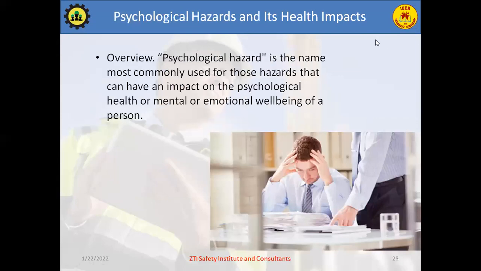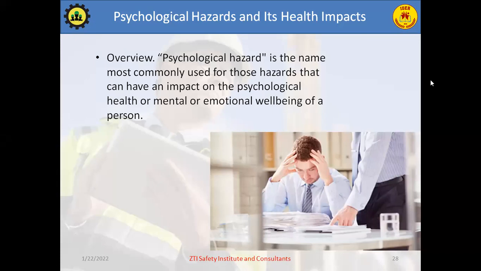Then we have one more hazard, which is called psychological hazards and their health impacts. I would say these psychological impacts are the least concerned area for employers and management, because they do not give the amount of attention which is required by this kind of hazard.